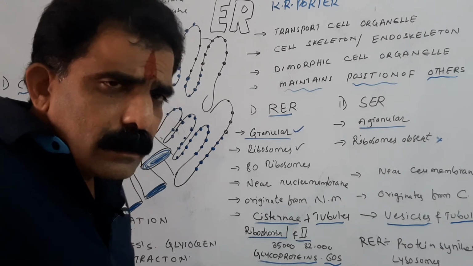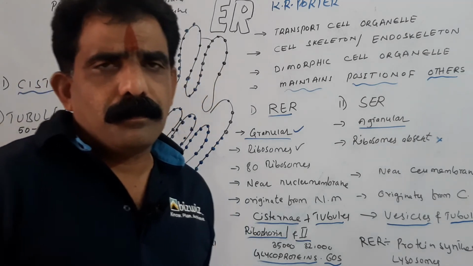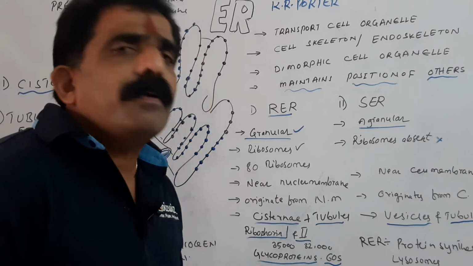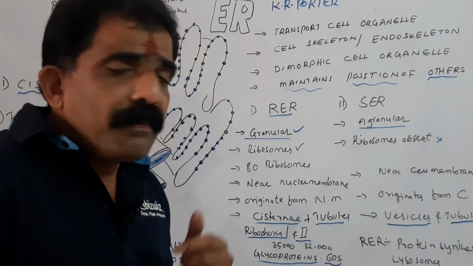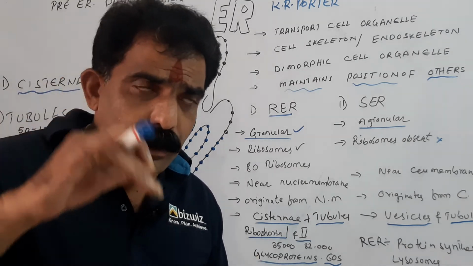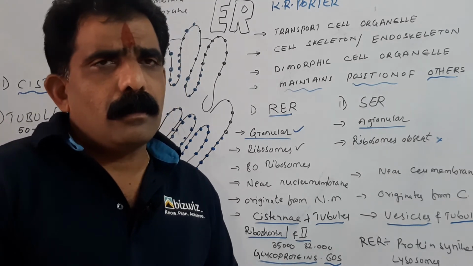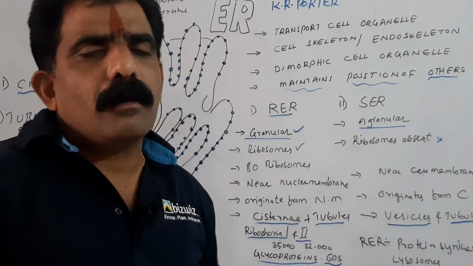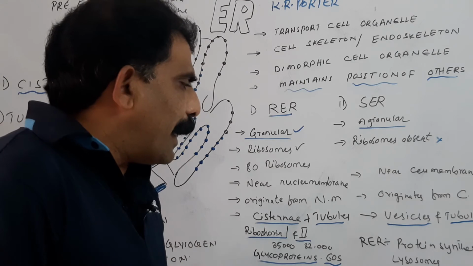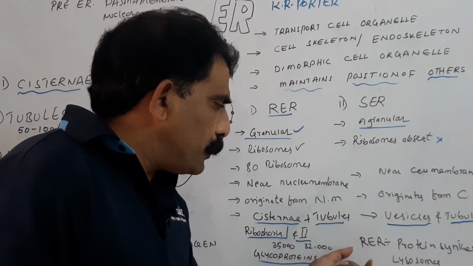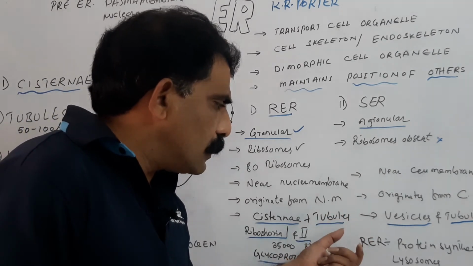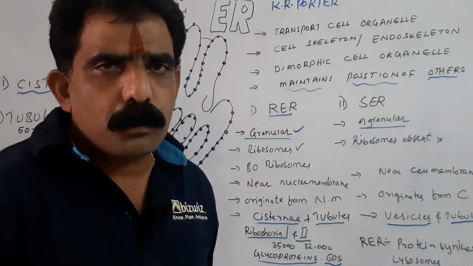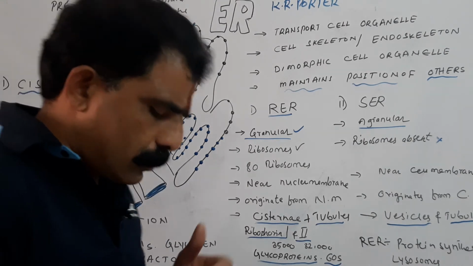Coming to the functions, what is the main function of the rough endoplasmic reticulum? As it consists of ribosomes, it is involved in protein synthesis. Protein synthesis is the main function of rough endoplasmic reticulum, and it also synthesizes the precursors of the enzymes that are required for the formation of lysosomes, in association with the Golgi bodies.